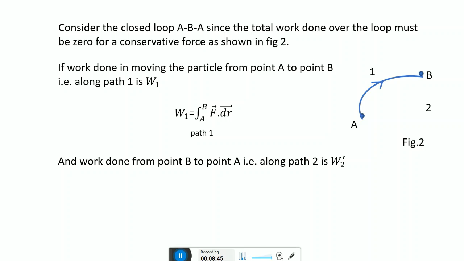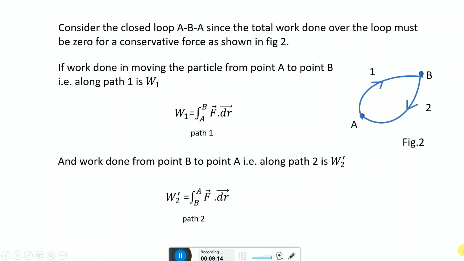And the work done from point B to point A, that is along path 2, is W2 dash. That means from point B the particle goes back to point A, its initial position.